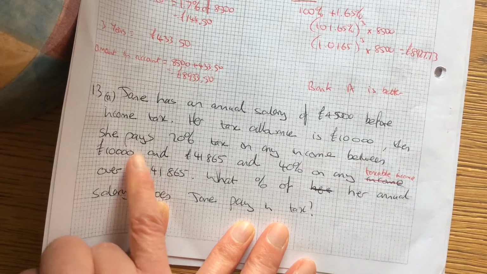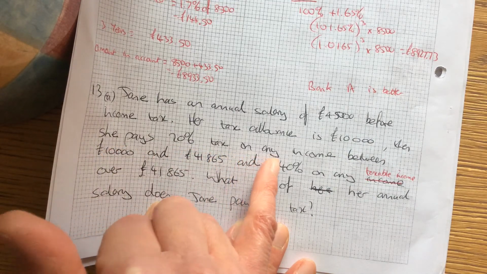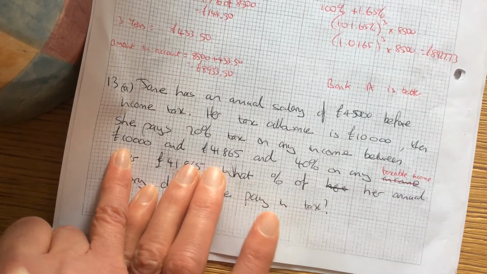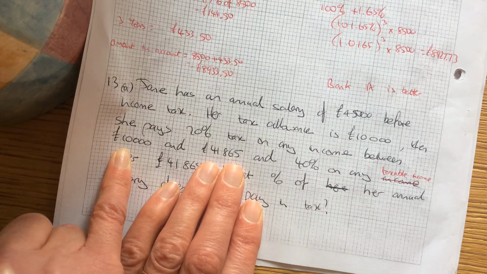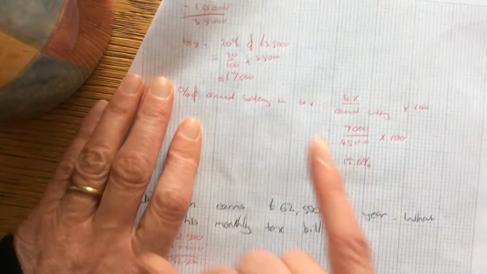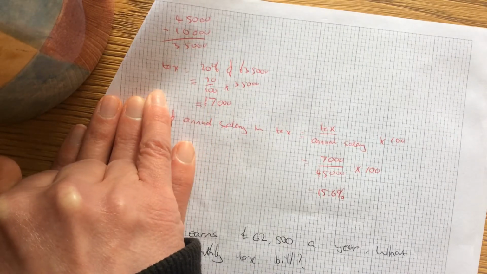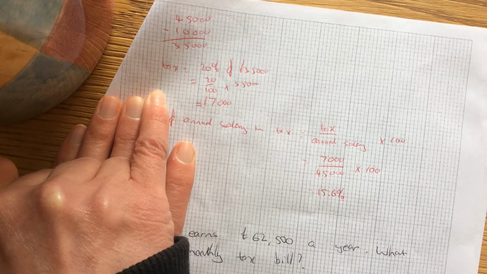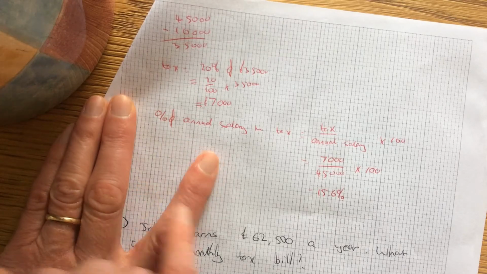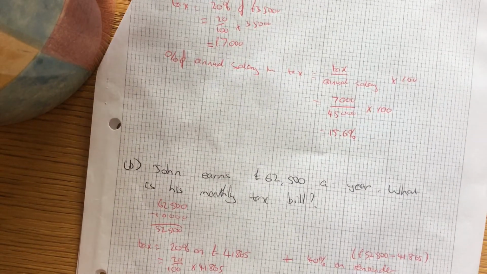Okay? So she pays 20% tax on any income between 10,000 and 41,865 and 40% on the rest. Okay, that is really complicated. So let me show you. So over here, that's what she's taxed on. Now, her tax is split up, you see in here.